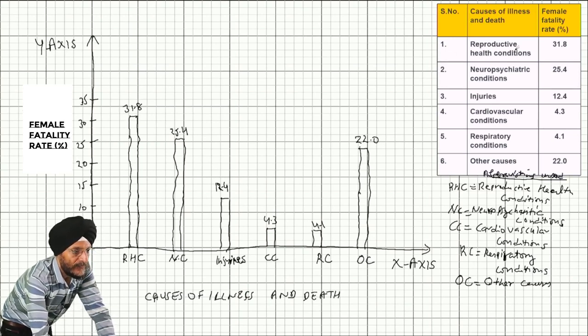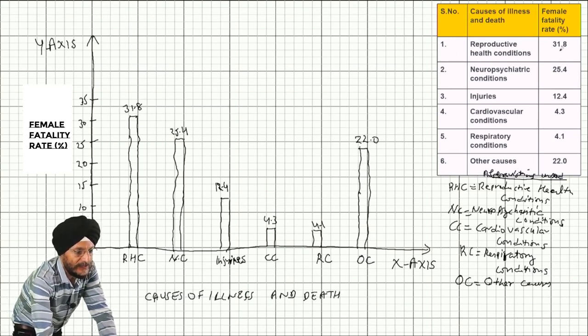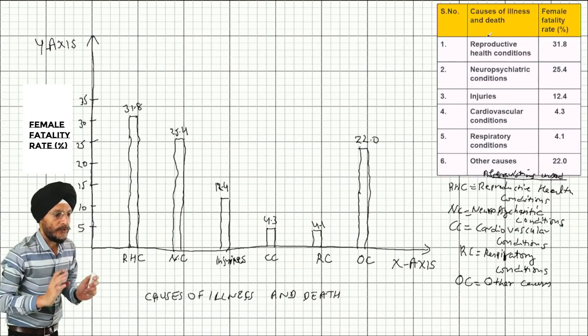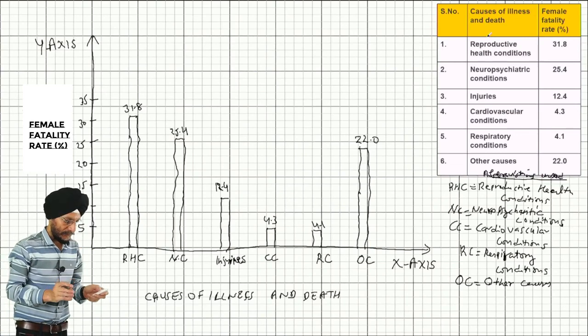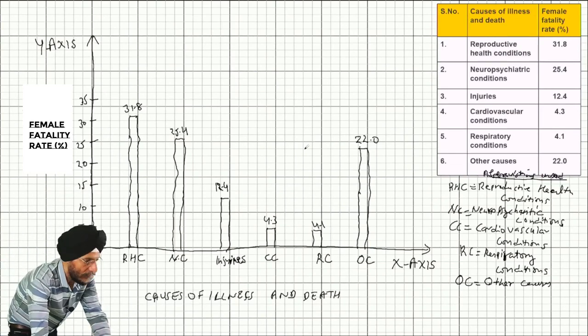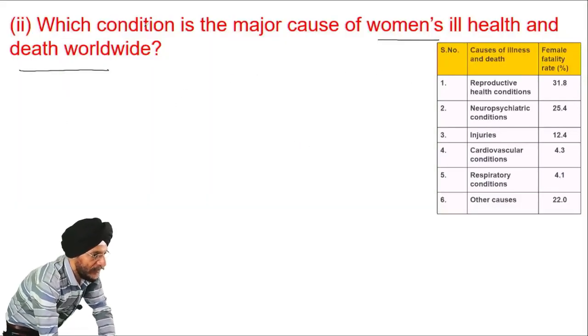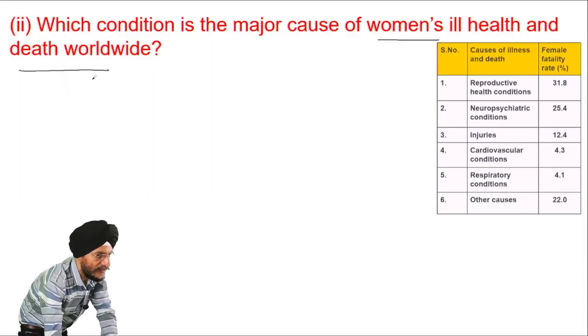That is, the female fertility rate is highest in the case of reproductive health conditions. That is, due to reproductive health conditions, most of the females suffer illness or death.